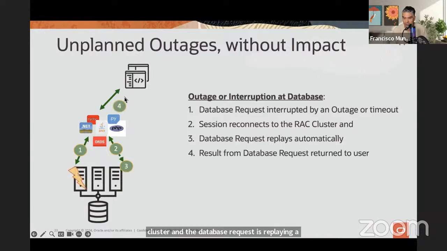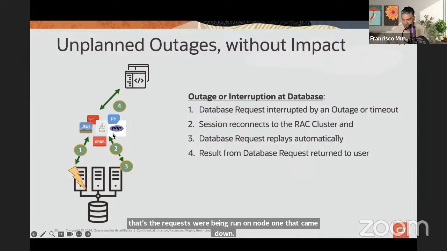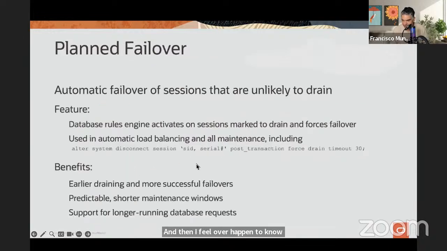And then the user receives the information in the application. Basically, no error came anywhere here. They have no idea that the request being run on node one came down, that a failover happened to node two, and that the transaction was replayed on node three.